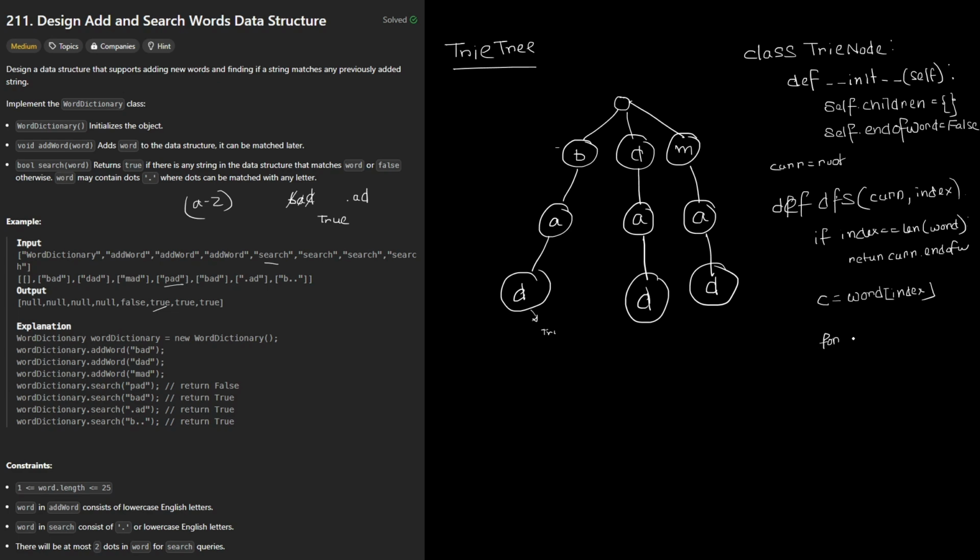For child in cur.children, or here I have to check if it's a dot, then only I'm going to do it.